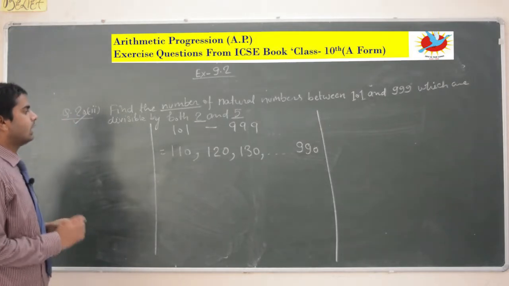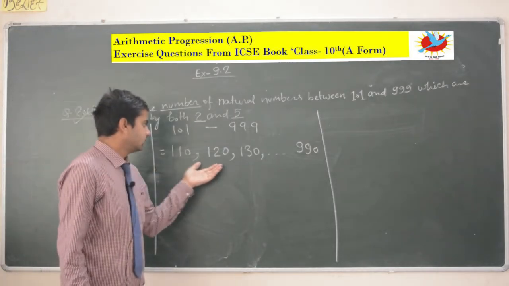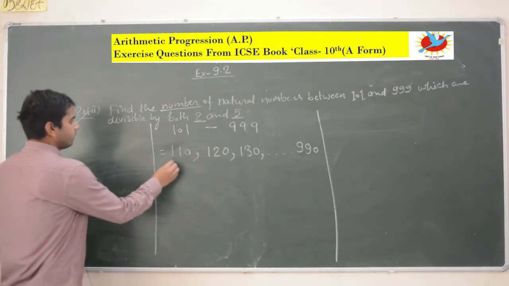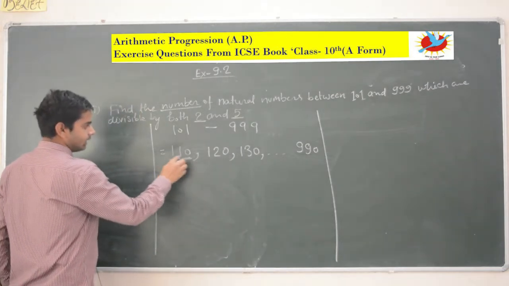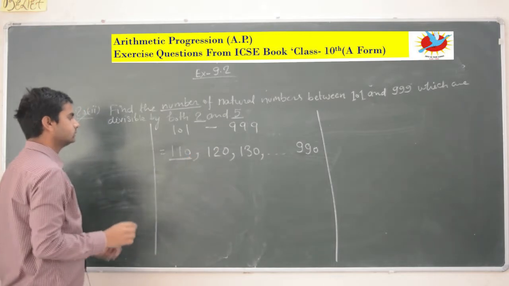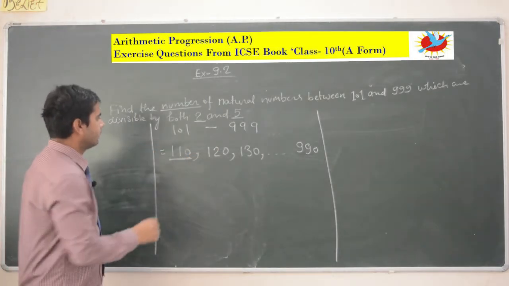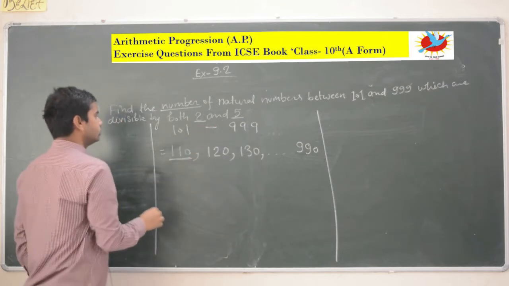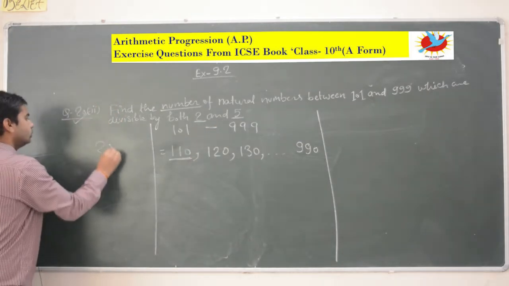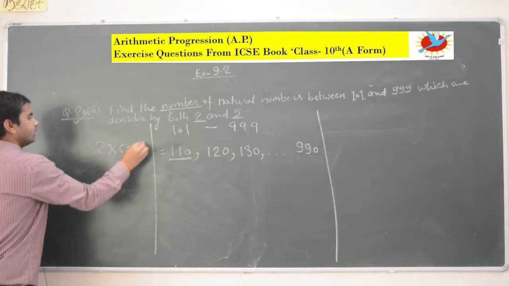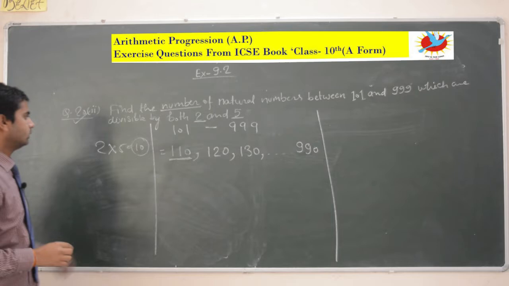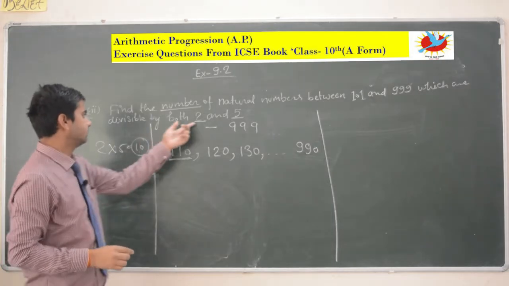Now we have to tell how many numbers of this type there are. Okay, so here we have our first term. How I wrote these numbers, you can also see. We have taken divisibility by 2 and 5, so you can take 2 into 5 as 10, and the number which is divisible by 10 will be divisible by both 2 and 5.